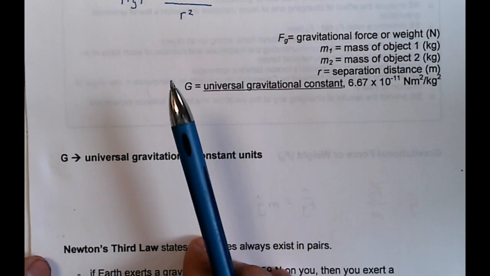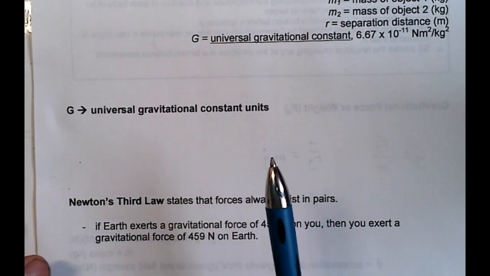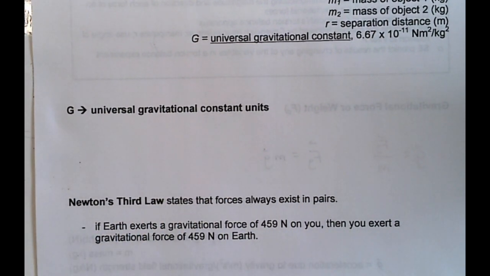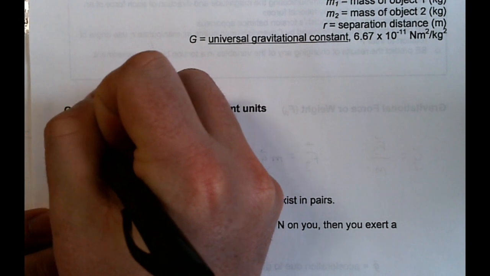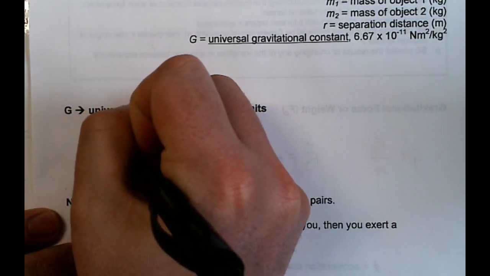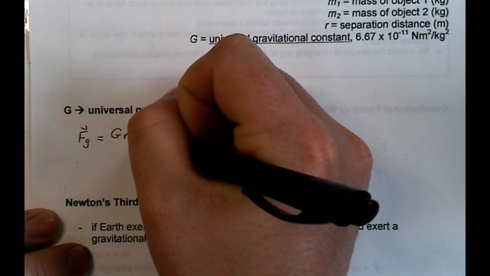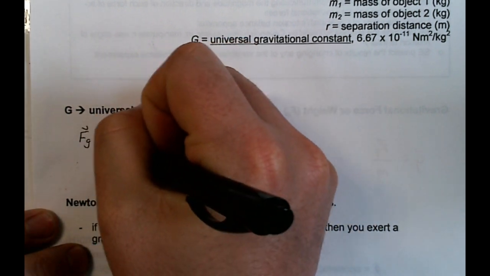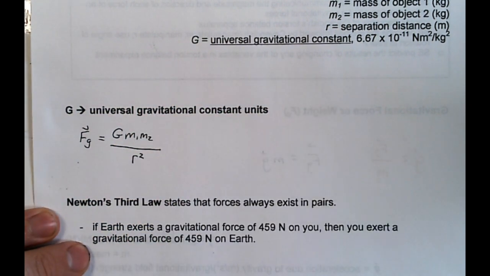So if we talk more about G, or the universal gravitational constant, we can look at its units. How are they derived? So in our formula, we again have the force due to gravity is equal to the universal gravitational constant times mass 1 times mass 2 divided by the separation distance squared.